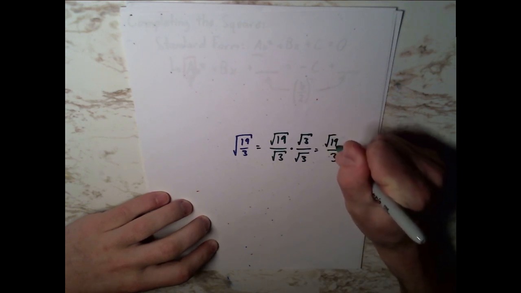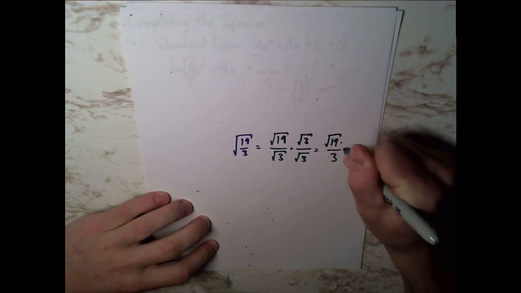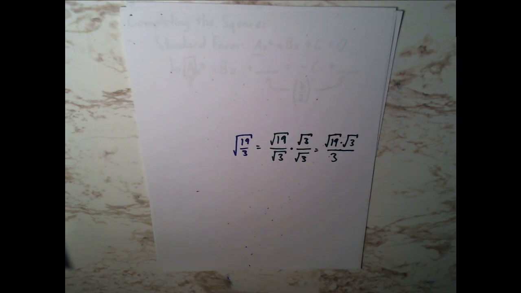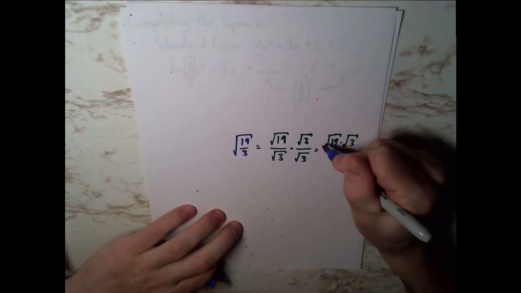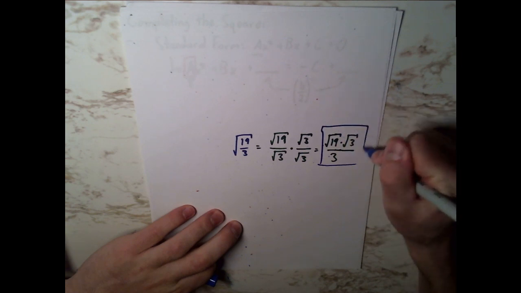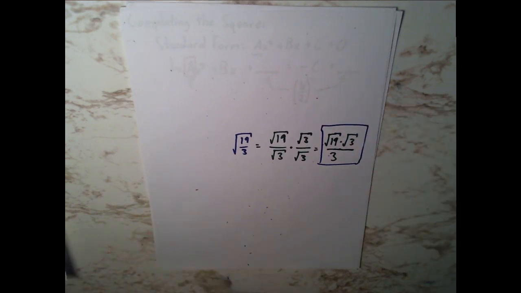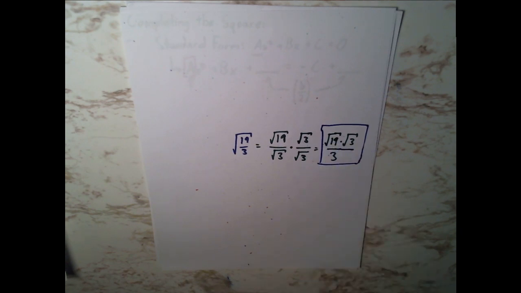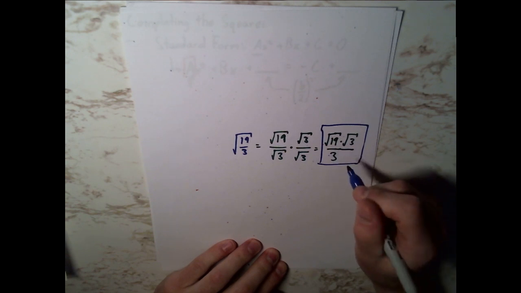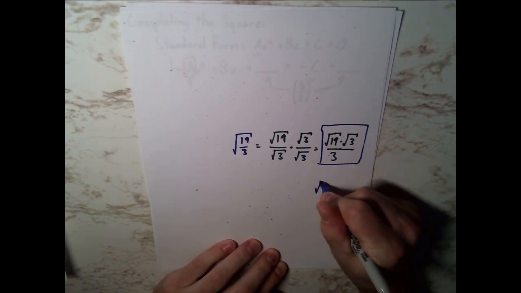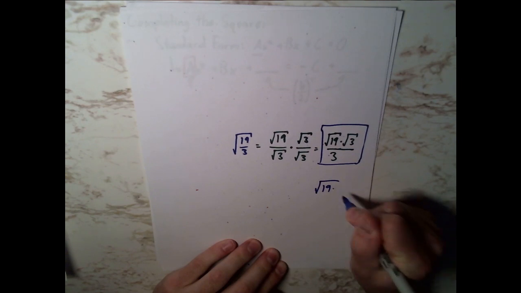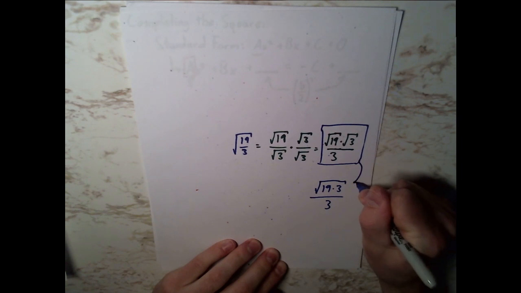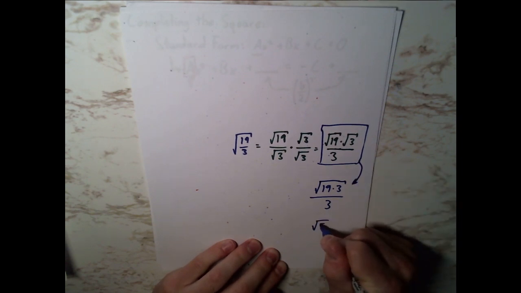You can just leave it like this, root 19 times root 3, and that will probably be an acceptable answer there. If you want to, I'm not sure if your teacher's going to make you combine these, but this numerator can also be combined like this, square root of 19 times 3. So this is another way to write that, or that's 57.